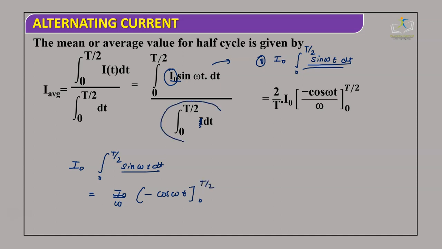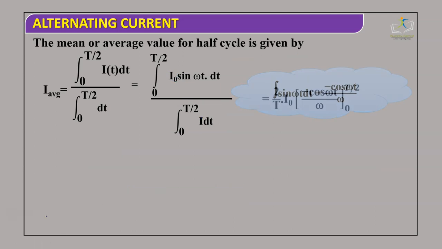Including the 2 by T factor, we can write 2 I naught by T omega times minus cos omega t, from 0 to T by 2. I hope you understand this.